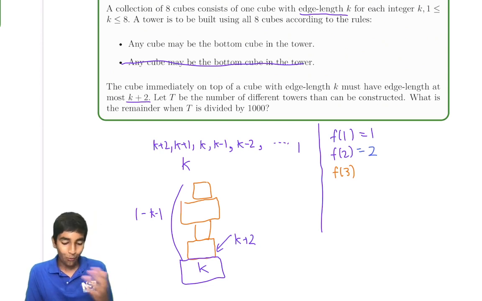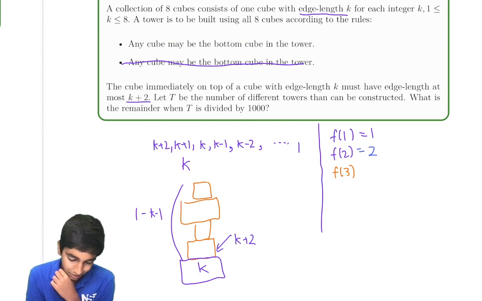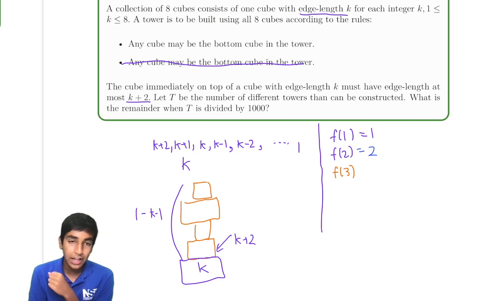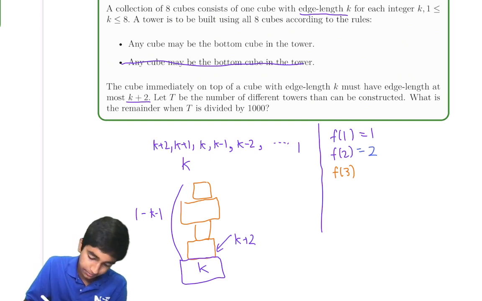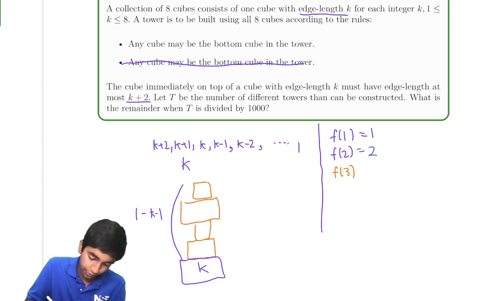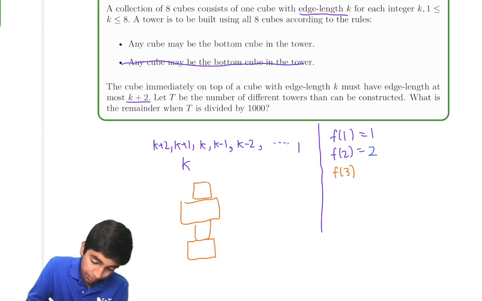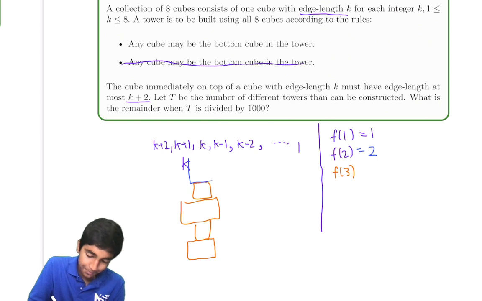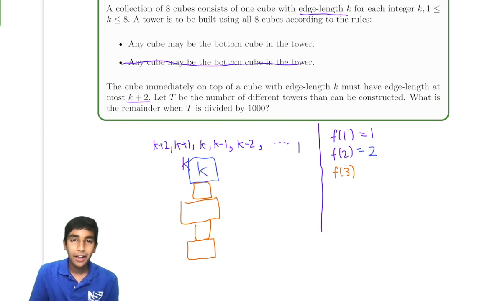Oh, wait. We can just put it on top of a cube. What can be the edge length of a cube if it goes on top of something? Well, it says that the cube immediately on top of a cube with edge length k must have edge length at most k plus 2.